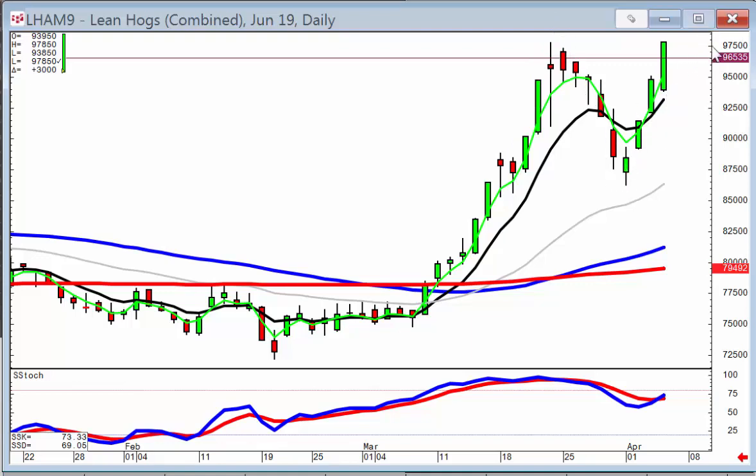Now we're in wave 3. Today the close of lean hogs was right here at this level, making the prospects of more upside in lean hogs the same magnitude as wave 1. Being able to analyze these patterns of human nature allows an investor to take advantage of big price moves and definitely be in the right direction at the right time.